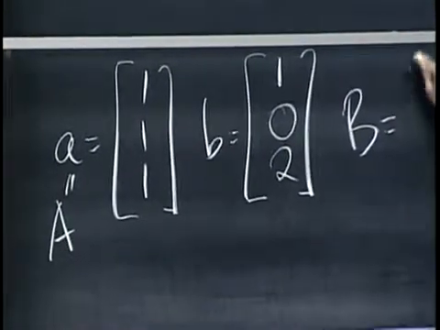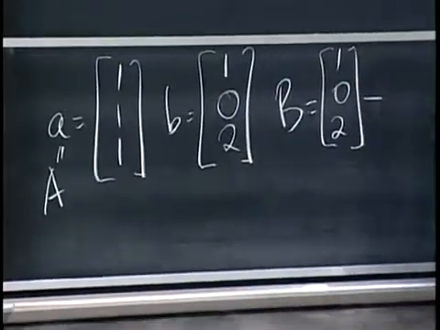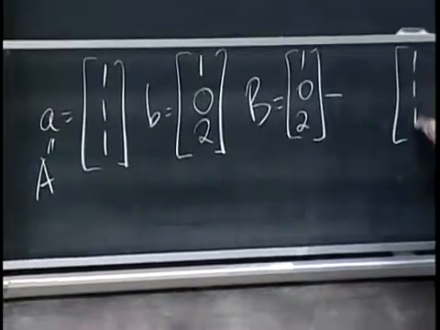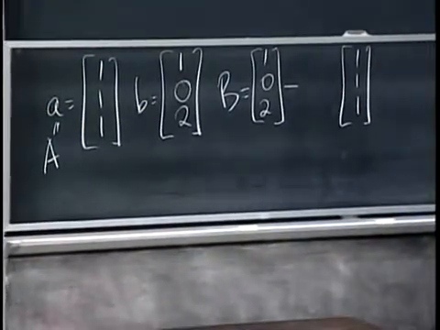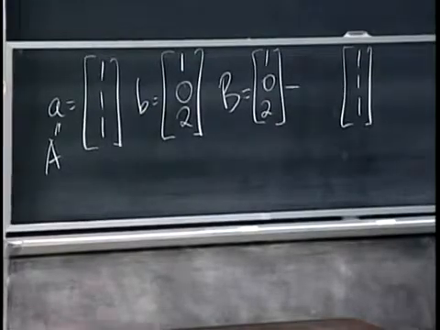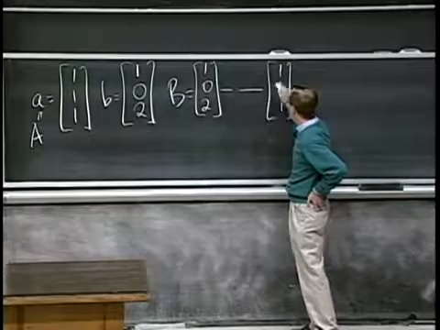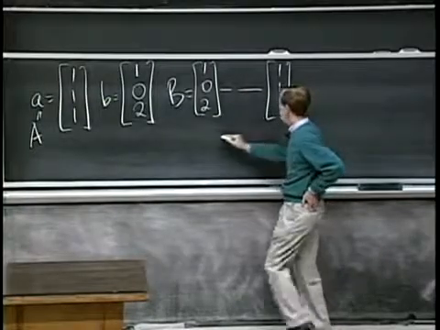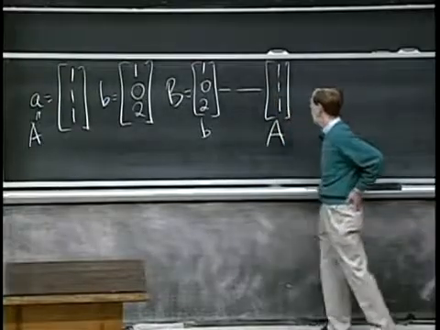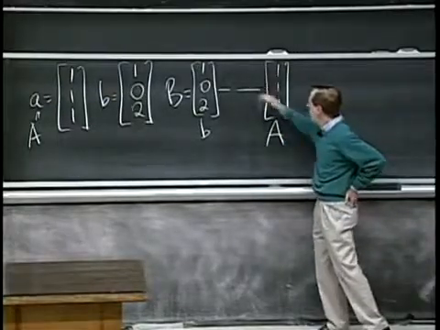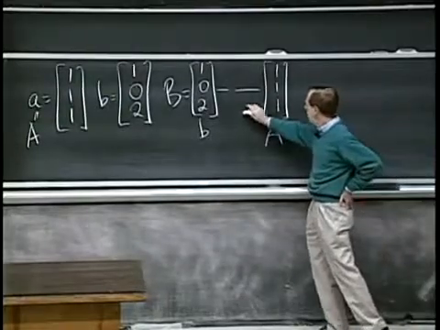So B is the original B, and then I subtract off some multiple of the A. And what's the multiple? What goes in here? Here's the A. This is the little b, this is the big A, also the little a, and I want to multiply it by the right ratio, which has A transpose A.